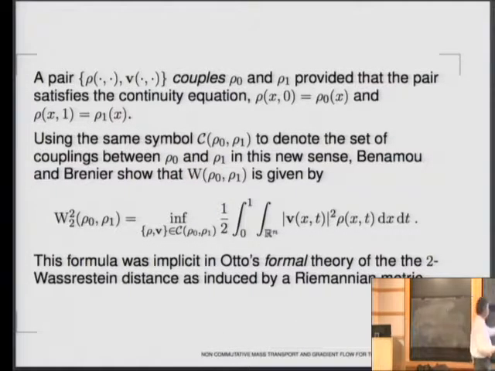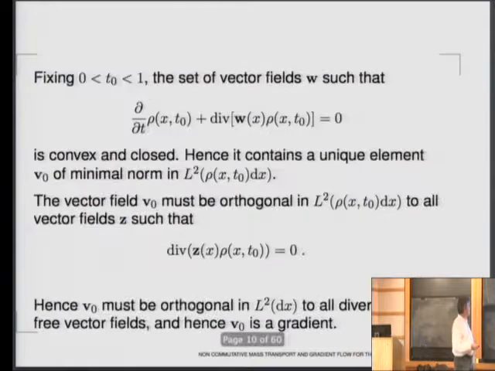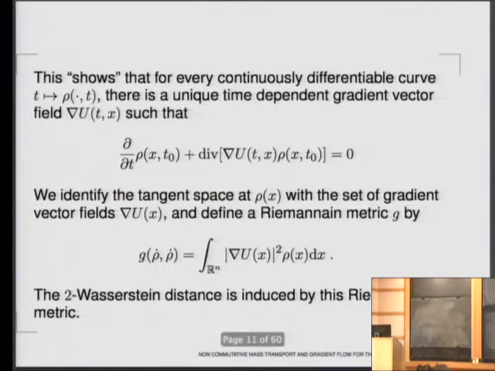Okay, well, replace this now. You may as well put in the gradient of u here, and you can think of the gradient of u as the tangent vector at rho naught, because the d rho by dt, here it is, there's a unique gradient u in here, and so that specifies the time derivative of the path.